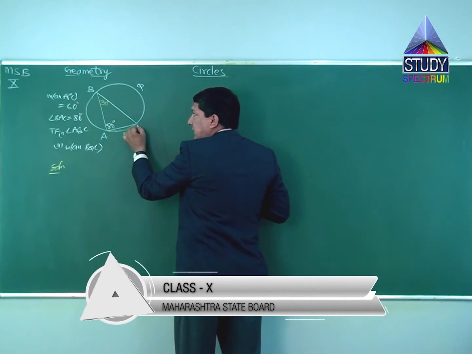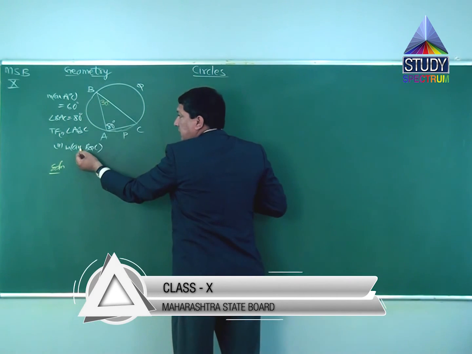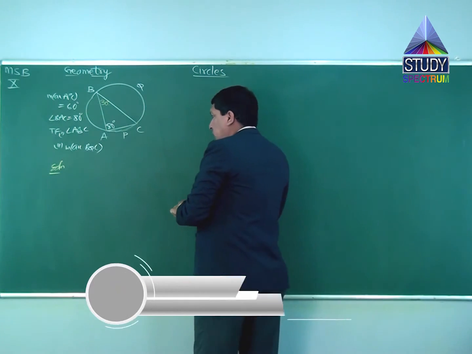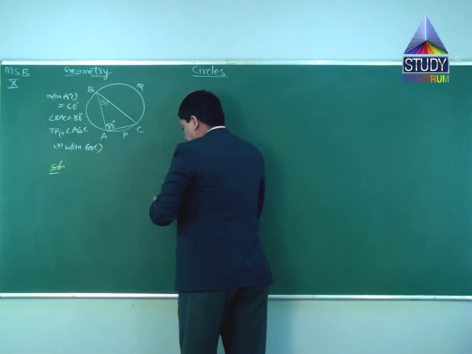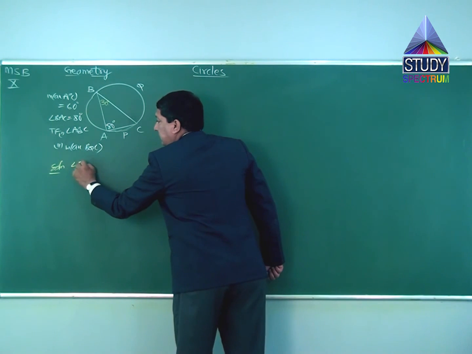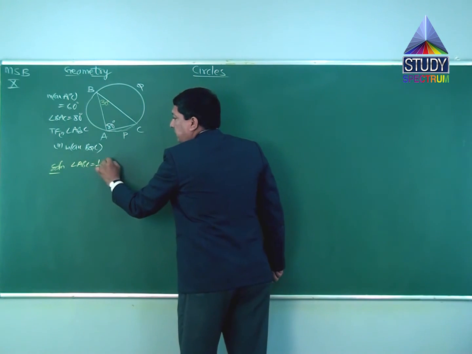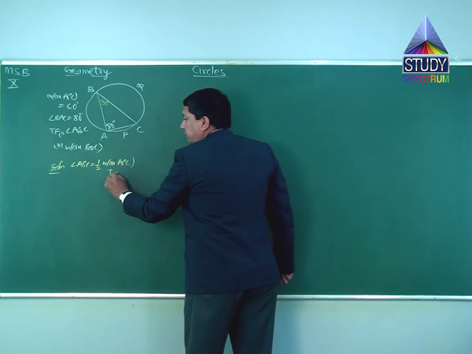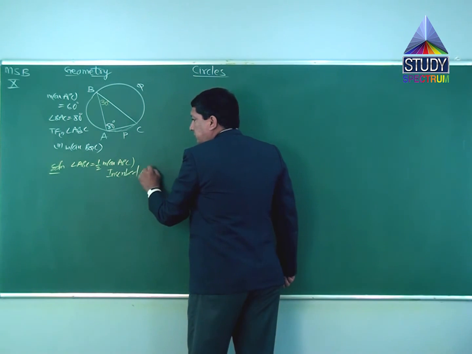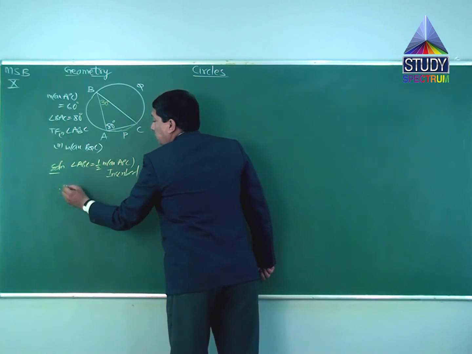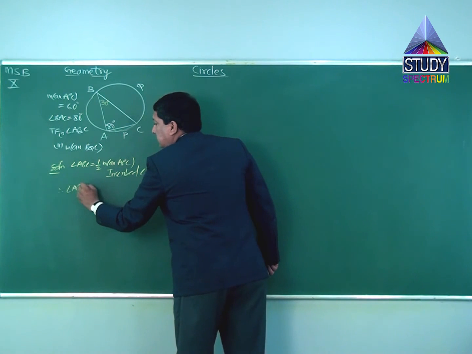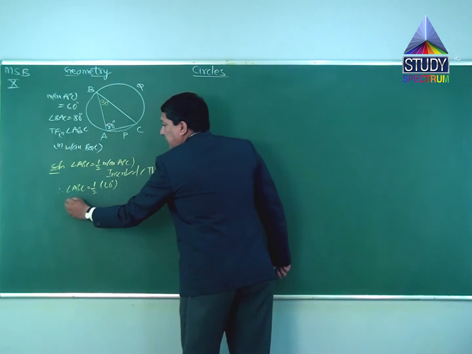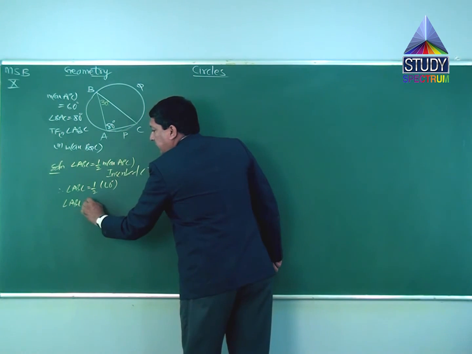So angle ABC is equal to half the measure of arc APC by the inscribed angle theorem. Therefore, angle ABC is half of 60 degrees, which is 30 degrees.